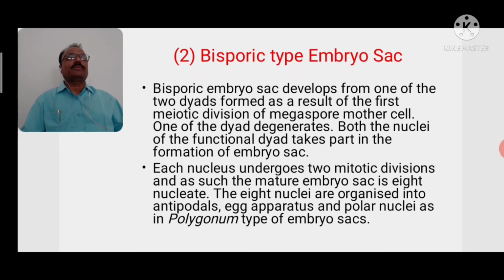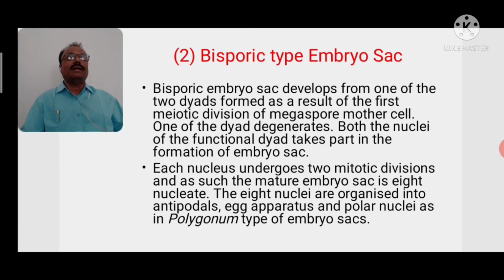Bisporic embryo sac develops from one of the 2 dyads formed as a result of the first meiotic division of the megaspore mother cell. One of the dyads degenerates. Both the nuclei of the functional dyad take part in the formation of the embryo sac. Each nucleus undergoes 2 mitotic divisions, and as such the mature embryo sac is 8 nucleate.